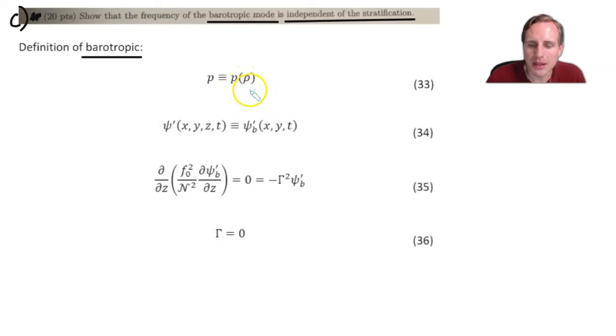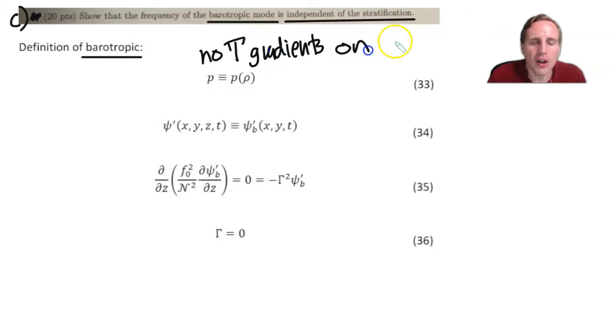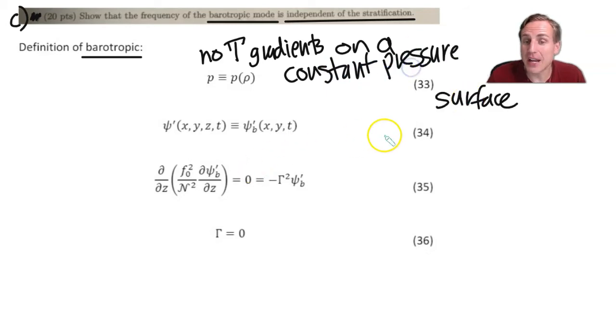What does that really mean? It means that as you go upward in the atmosphere, pressure only depends upon the density. In other words, there are no temperature gradients on a constant pressure surface. So that's the technical definition of a barotropic atmosphere.